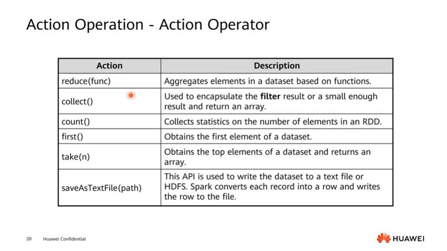Only when the director says action can actors start their performance. All the transformations adopt the lazy strategy. The computation won't be triggered if you submit only transformation functions. Instead, the computation will be triggered only when you submit the action function. This table shows some common action operators.